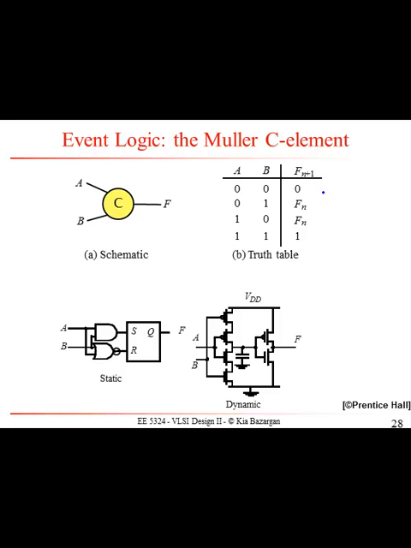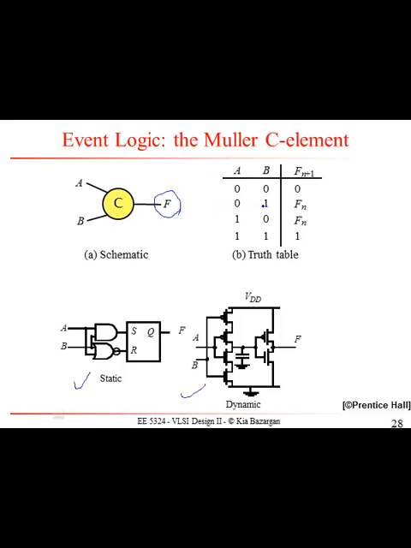So basically, the Muller C element, which is, as I said, sequential, and it could be implemented using this method or this method, static or dynamic logic. When A and B are 0, your F, the output of the Muller C, is going to be 0.